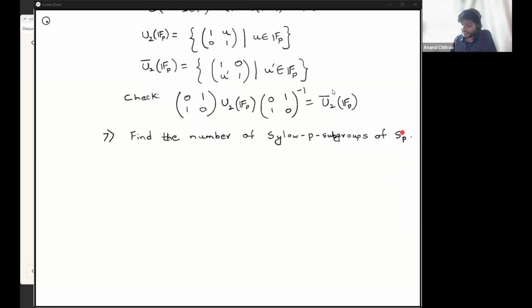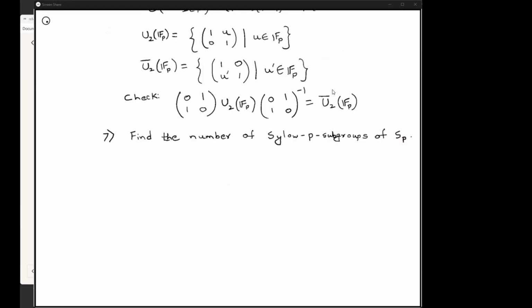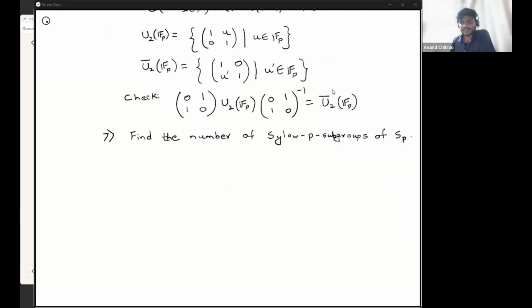So we saw that Sylow p-subgroups of Sp have order p, right? On the previous slide. Now tell me all subgroups of Sp of order p. How many of them are there?